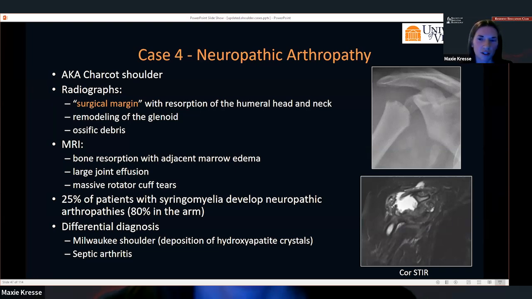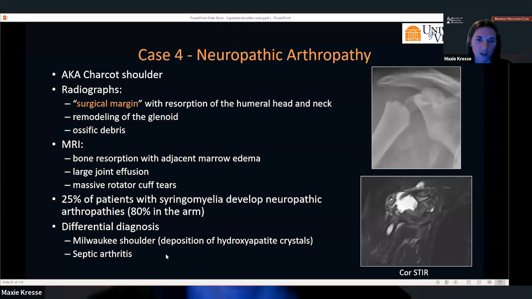Your differential diagnosis on a case like this, you always want to have infection in the back of your mind, so septic arthritis and osteomyelitis. But this looks a little less acute because it's more smooth here. I think you could argue that the margin looks a little bit more acute, but overall it looks more like a long-term process than a rapidly progressive infectious process.